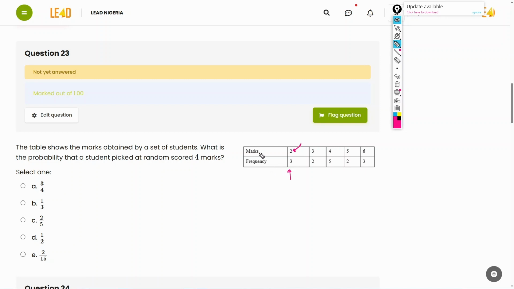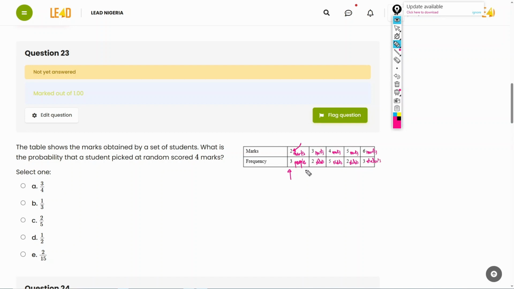Frequency means how many. So this means 2 marks, 3 students. 3 marks, 2 students. 4 marks, 5 students. 5 marks, 2 students. 6 marks, 3 students.